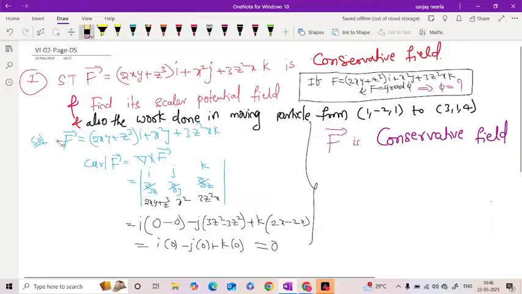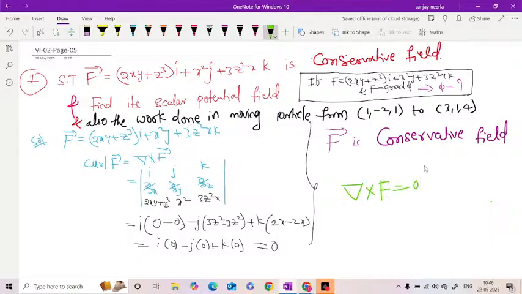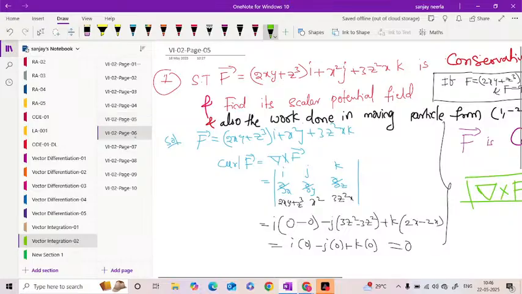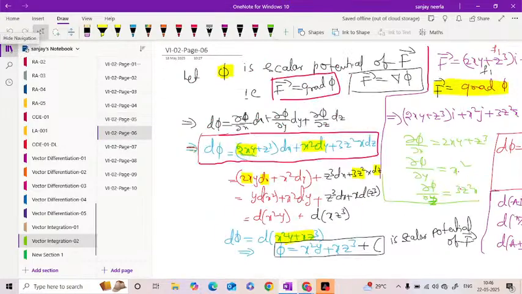So the first one, we just have to prove first of all that it is a conservative field. So the curl of this f must be 0, or del cross f must be 0. Already we proved it, so del cross f of this f is 0. So this given field is a conservative field. That is the first sub question. And the second sub question is to find the scalar potential field.